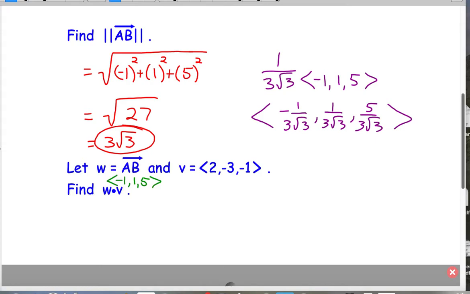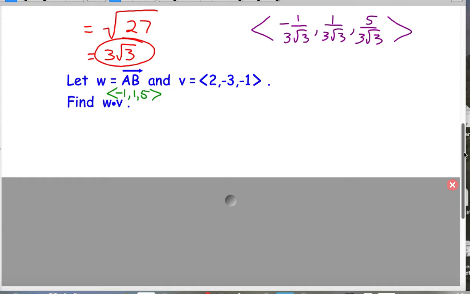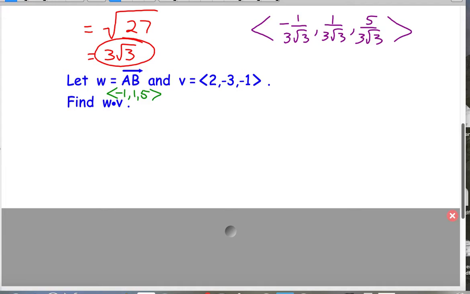Find the dot product. Well, we remember the dot product. It gave us a number for an answer. We need 2 vectors. And we multiplied the x components, we multiplied the y components, and we added those together. So same idea here. We're going to multiply the x components, negative 1 times 2.